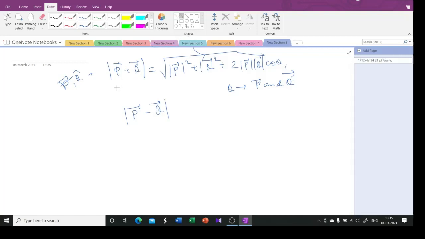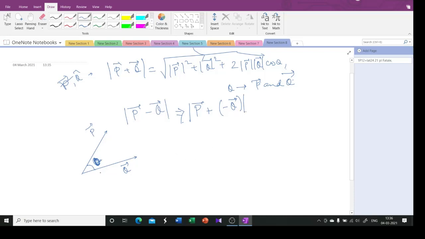Let's see. What was theta actually? If these were two vectors like this, this was P, this was Q, and this was theta. Now tell me, can P minus Q be written as P vector plus negative of Q vector? It's the same thing.